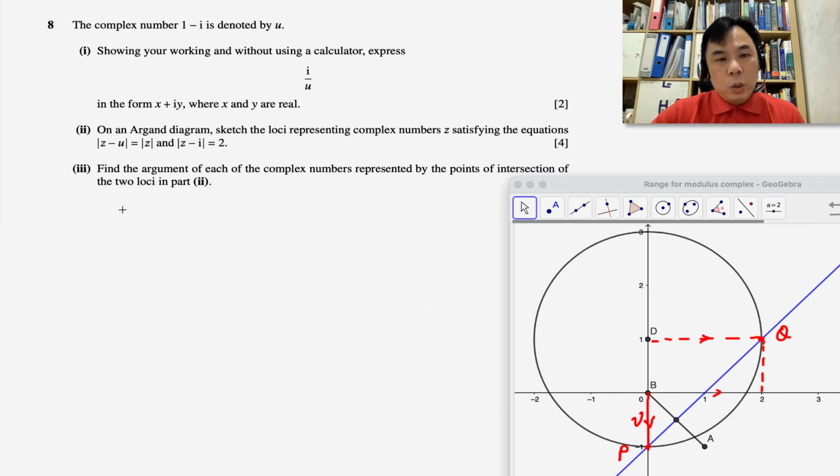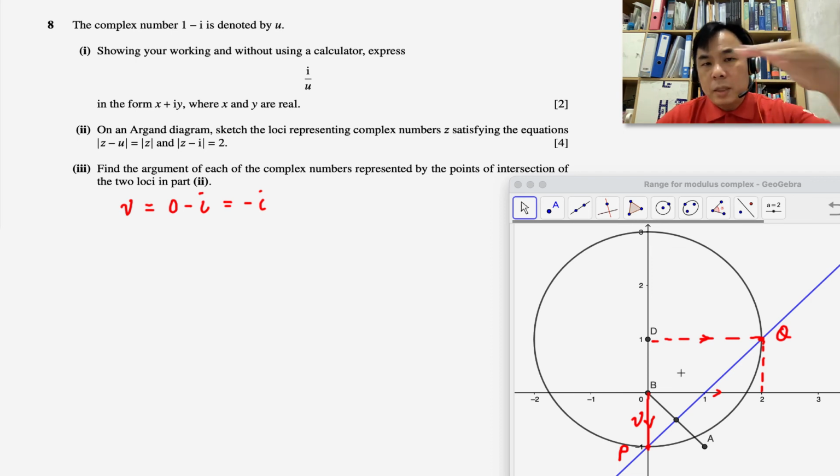Okay, now we know that this complex number V can be written easily as 0, -i, like this, because it's 0 units, -1 unit down. Or simply you can just write down -i here. Okay, its argument is an angle measured from the real axis. This is the real axis.